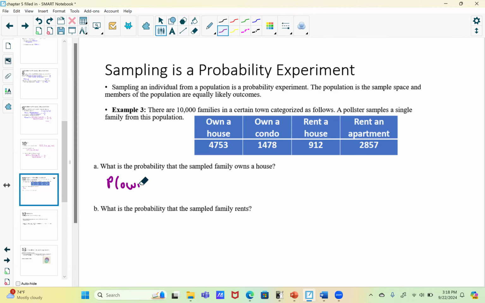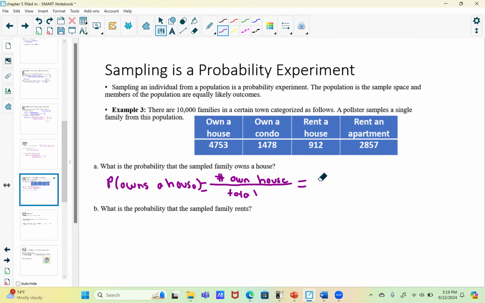We take the number that own a house and divide by the total outcomes, which is just the total number of people. This is the same thing we talked about in chapter 1. It's a relative frequency. Relative frequencies are probabilities, and we find them the exact same way.